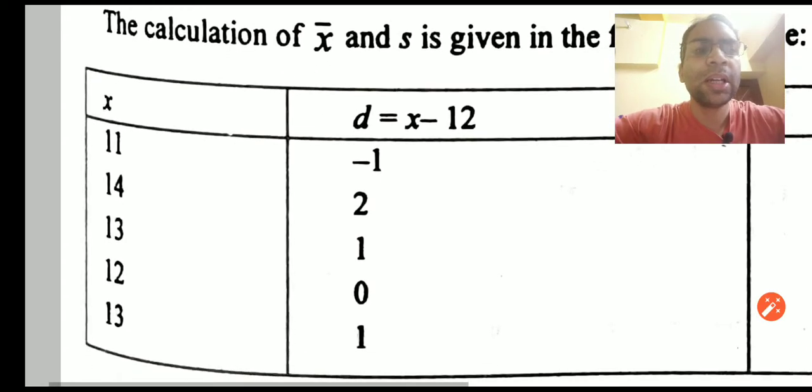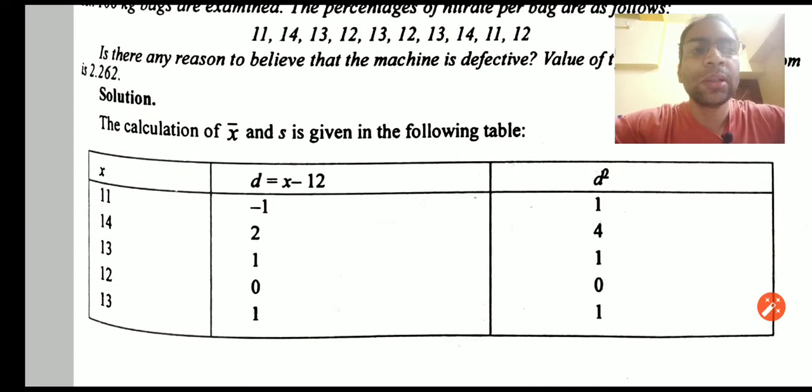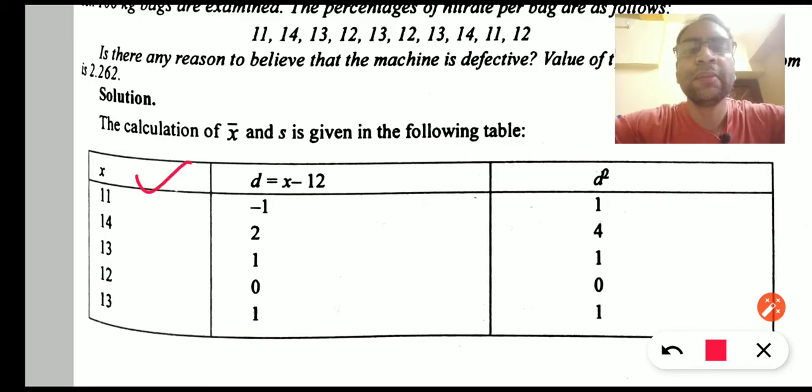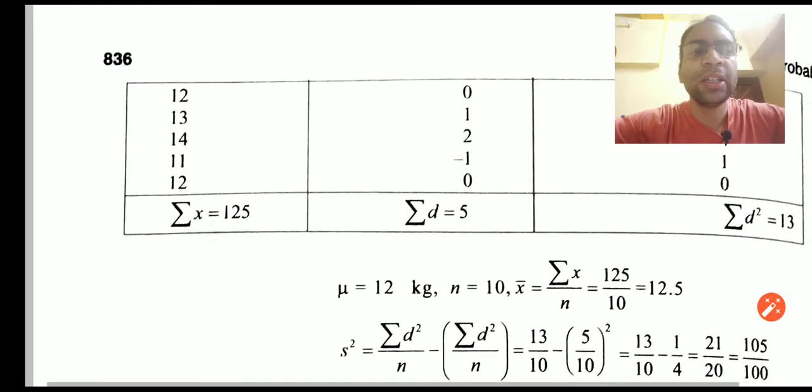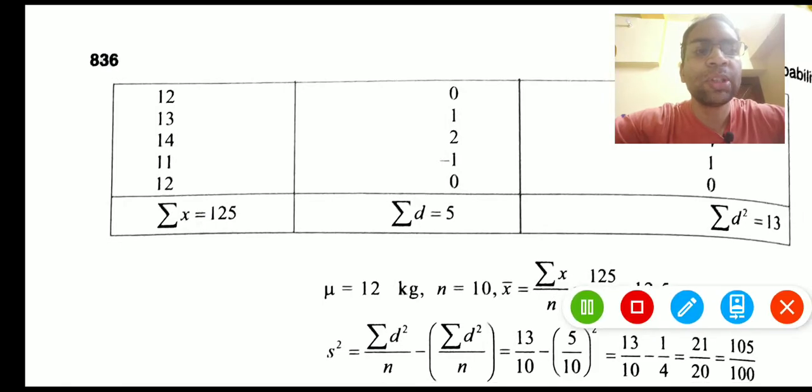So we have the values, and according to those values we can calculate. We have the X values, we can calculate the deviation D and the deviation D square. Using these values we can finally find the summation of these values.